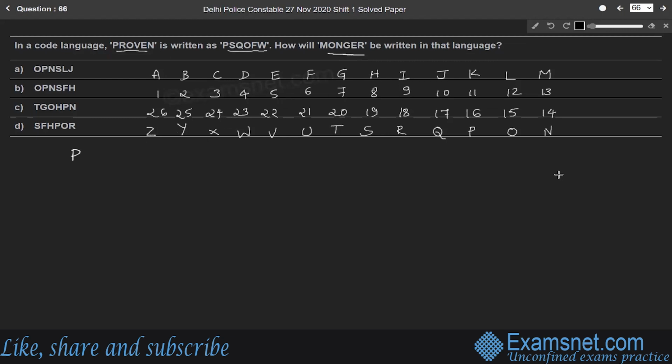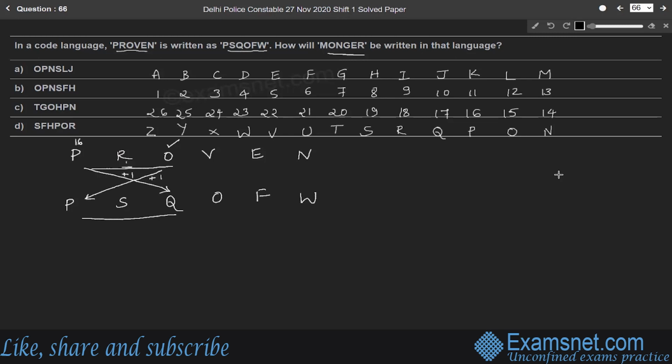Consider the first three letters P, R, and O, and the first three letters of the code, that is P, S, and Q. Here P is coded as P, R is coded as S, and O plus 1 is P.